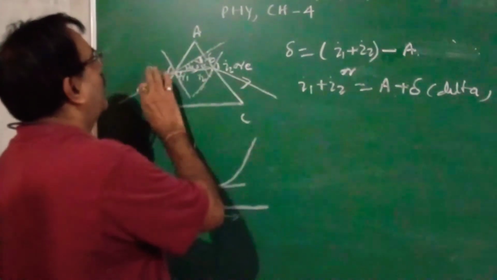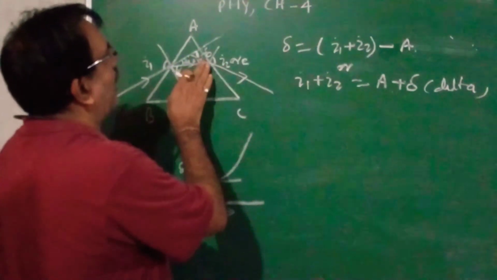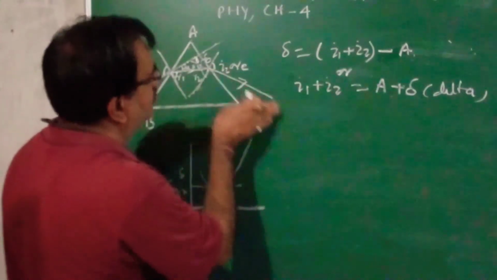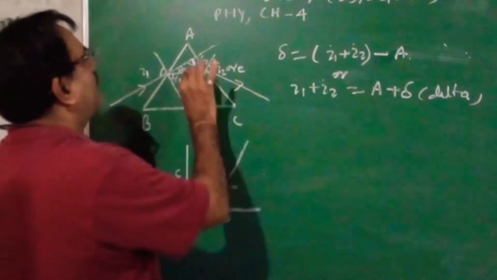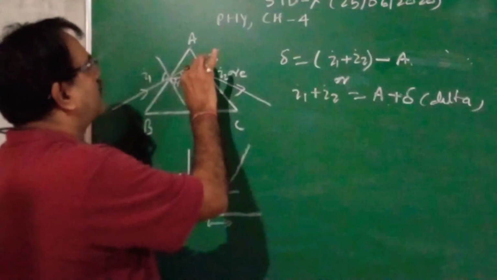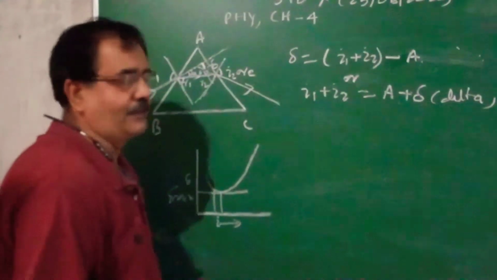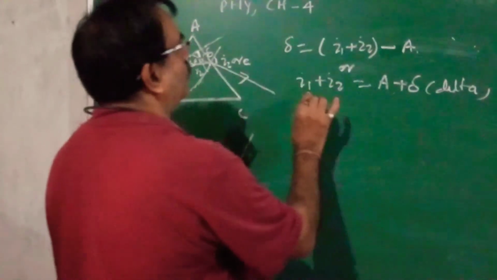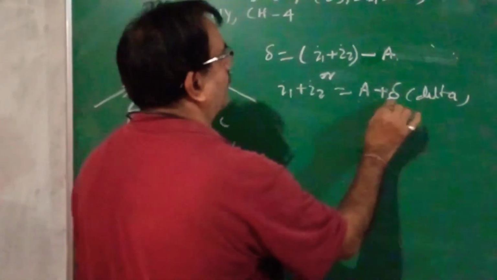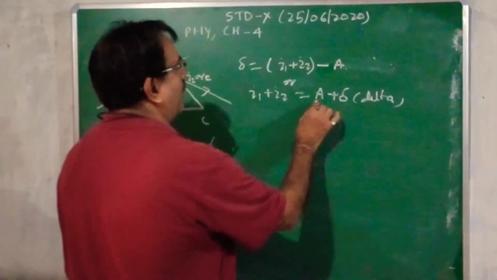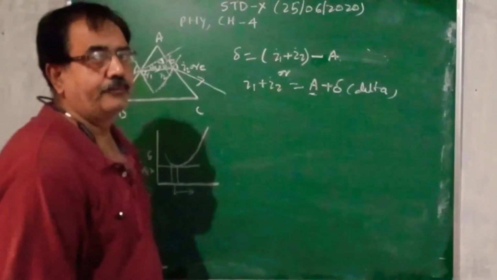So when a ray enters from air to glass and emerges out in air, the overall deviation of the ray is denoted by delta. And I1 plus I2 is equal to A plus delta. A is the angle of prism.